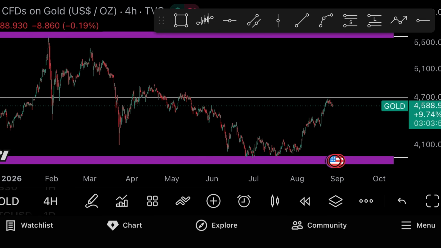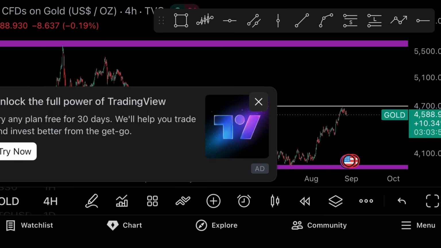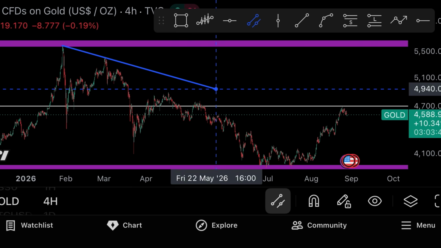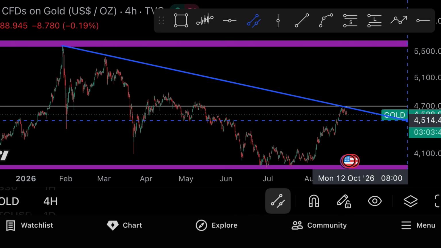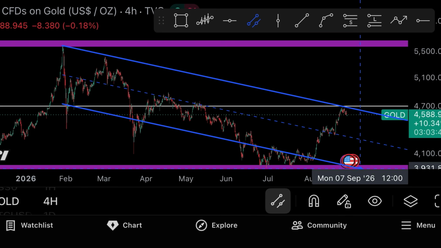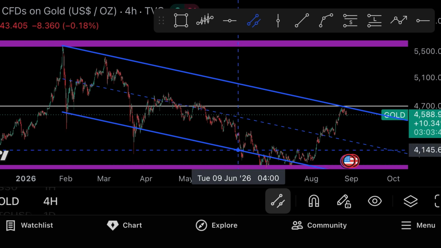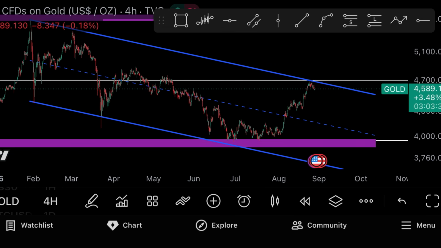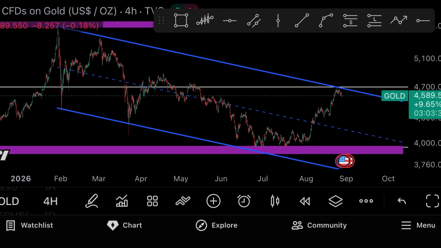I can't be losing gold like that, bro. I hate it when I lose gold like that. So let's just draw a line from here, maybe like this, and then drag it down to make it look like so. It still doesn't make sense, bro.